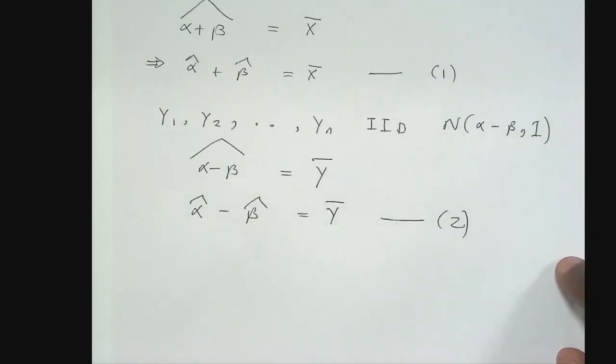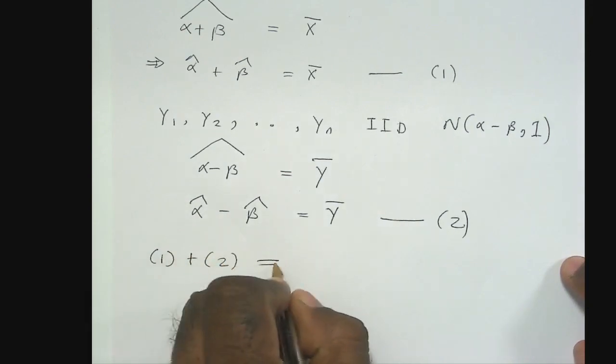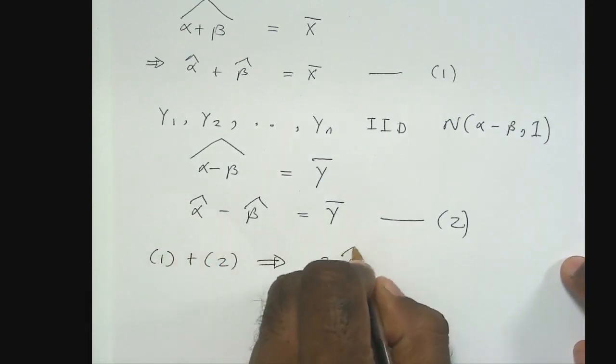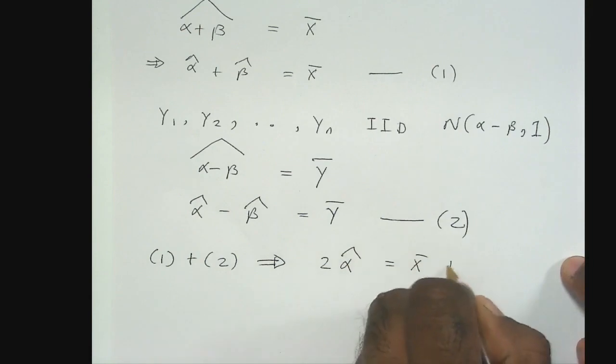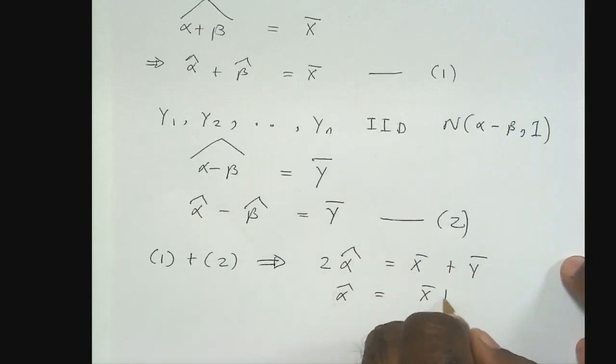So if you add 1 and 2, you get 2 alpha hat equal to x bar plus y bar. So alpha hat equals this.